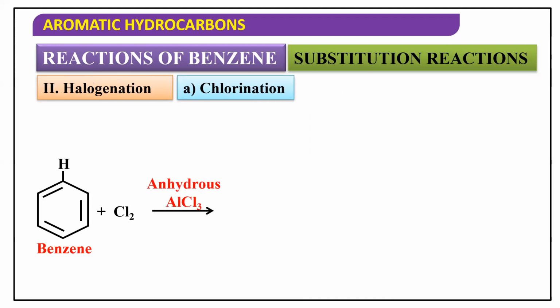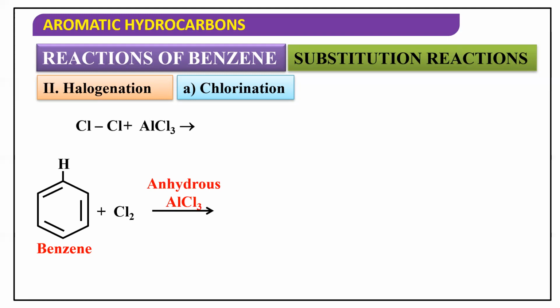We use anhydrous aluminum chloride or anhydrous ferric chloride. Here we use either ferric halides or anhydrous aluminum chloride for the reaction to happen in the presence of chlorine if it is chlorination, or bromine if it is bromination.